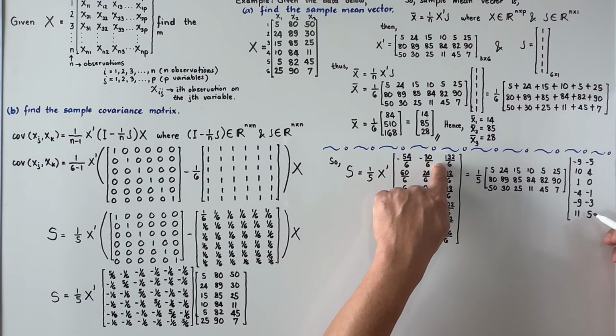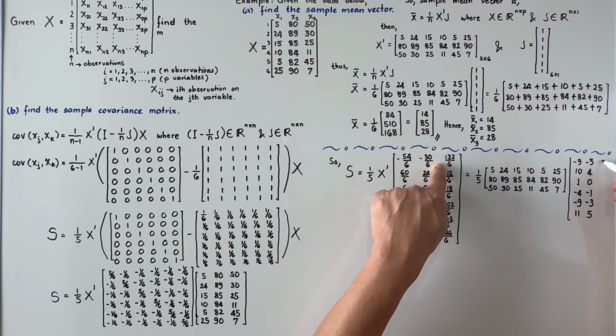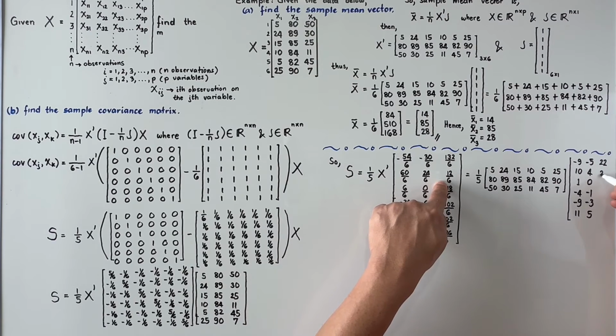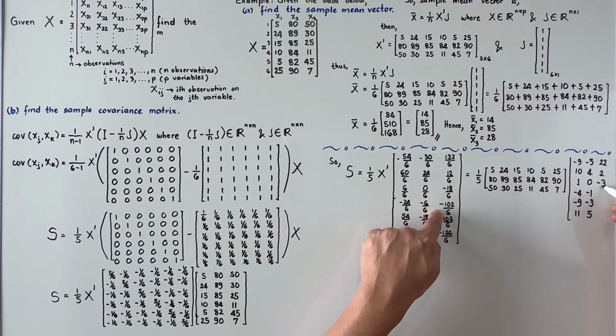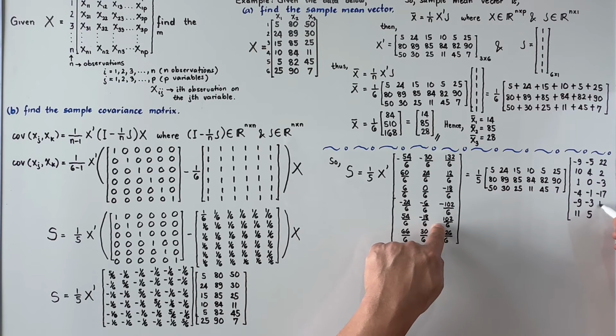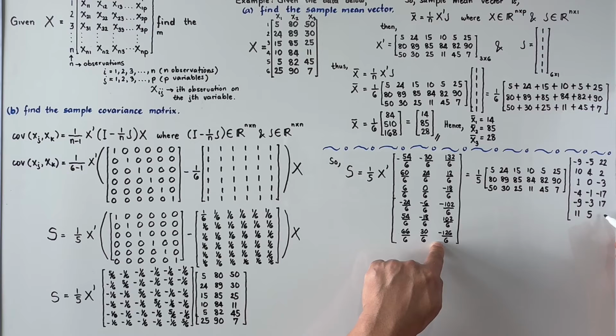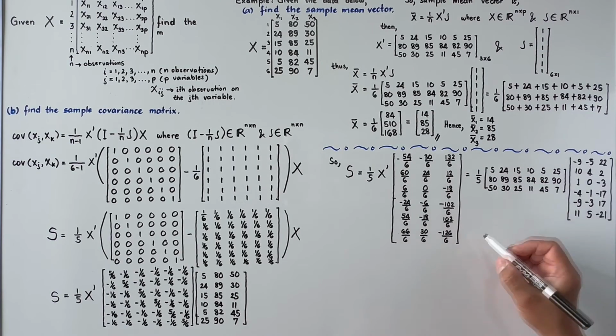And then 132 over 6 is 22, and 12 over 6 is positive 2, negative 18 over 6 is negative 3, and negative 102 over 6 is negative 17, and 102 over 6 is positive 17, and negative 126 over 6 is negative 21. So this is our simplified form of this matrix.